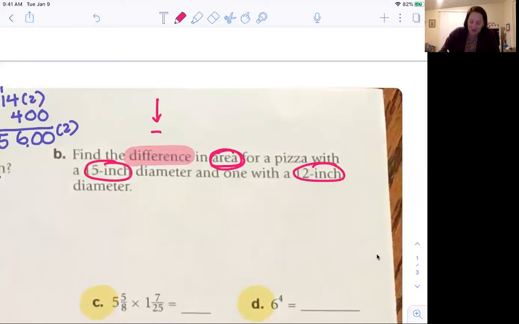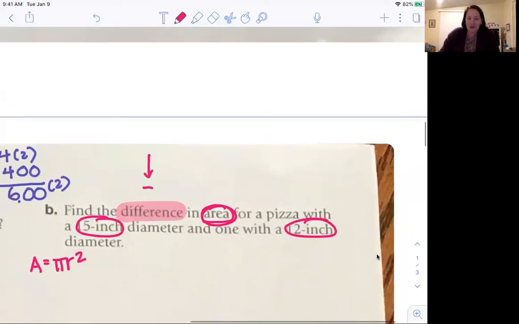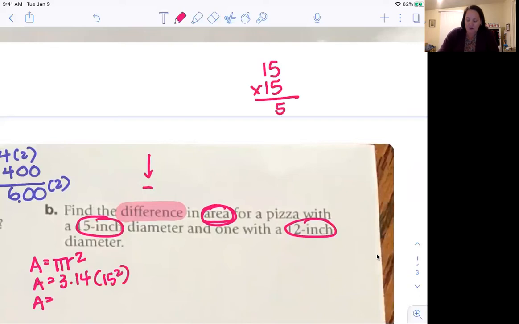So we have area equals pi r squared, okay? Area equals 3.14 times 15 squared. Area equals, I don't have that one memorized, and that's okay. 15 times 15. 5 times 5 is 25. 5 times 1 is 5 plus 2 is 7. 1 times 5 is 5. 1 times 1 is 1. 225.